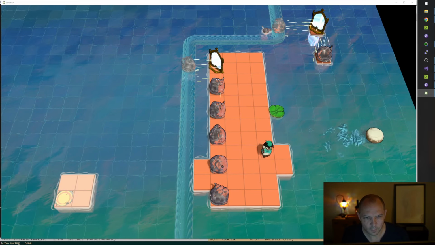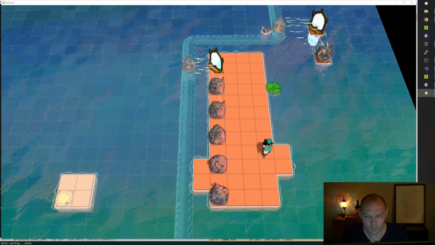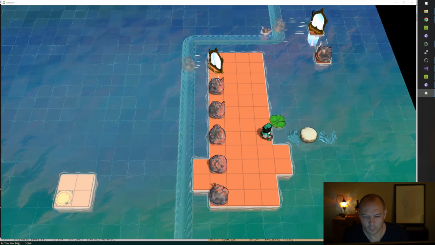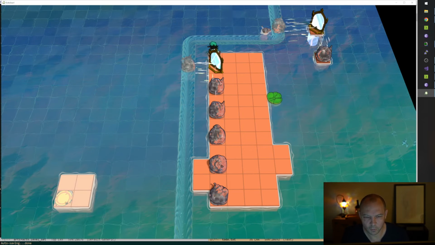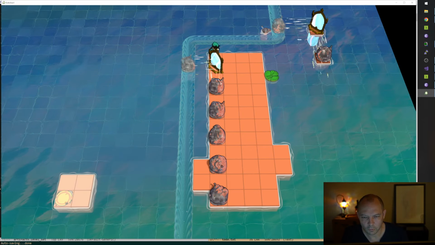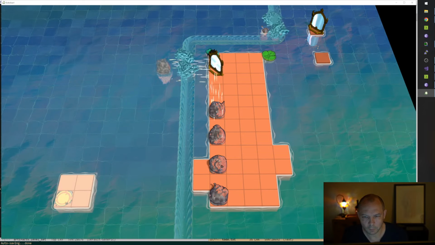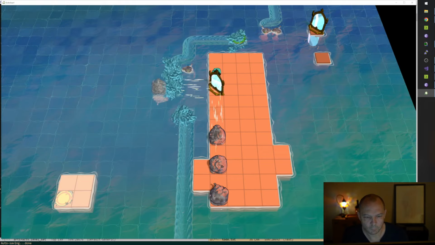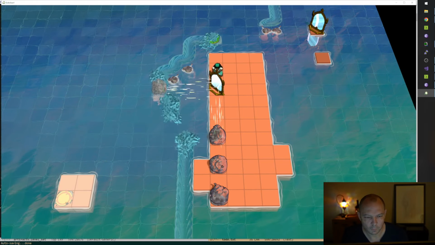And then I let the lily get close. Oh, wait, no, we push it, and I run up here, and then we let the lily get close, and then I go, bam, aha, bam, bam.